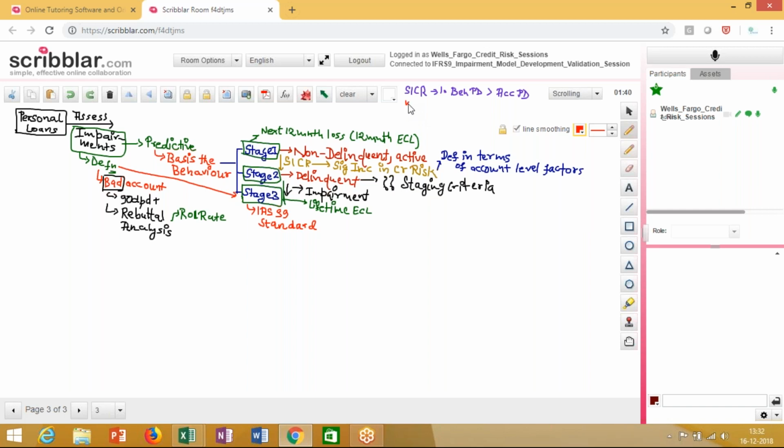So y equals 1 if good, equal to 0 otherwise.